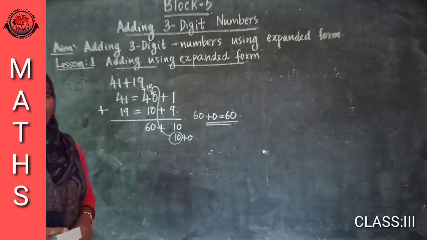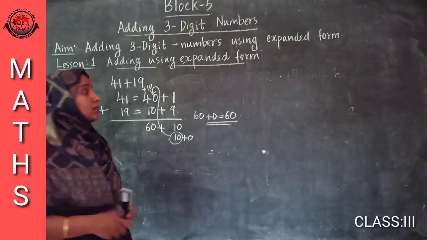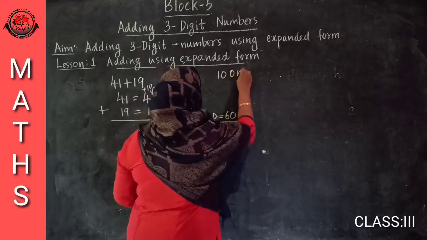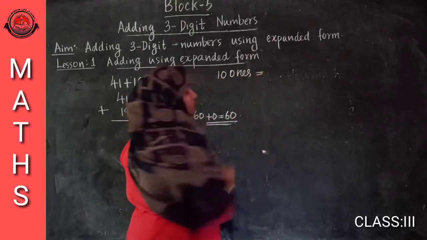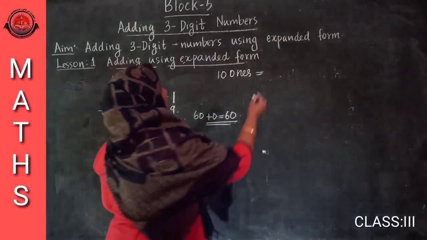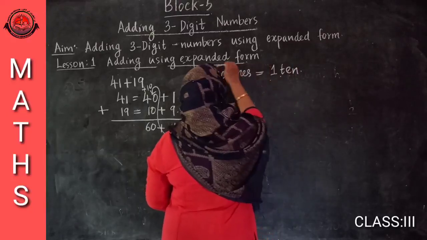Then children, what do you understand from this? Here we regrouped 10 ones as 1 ten. 10 ones is equal to 1 ten.